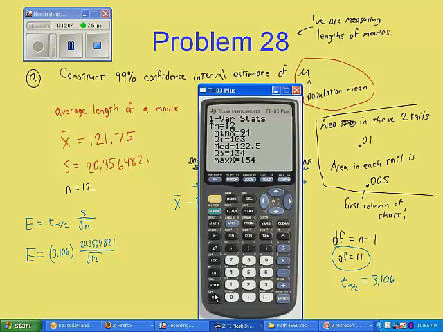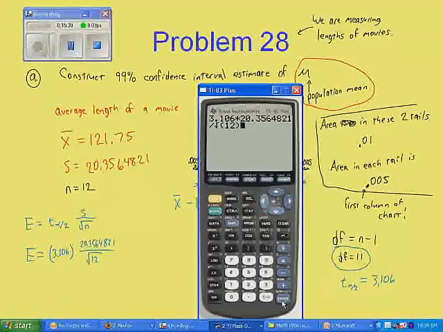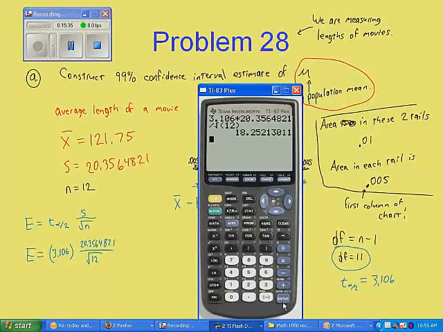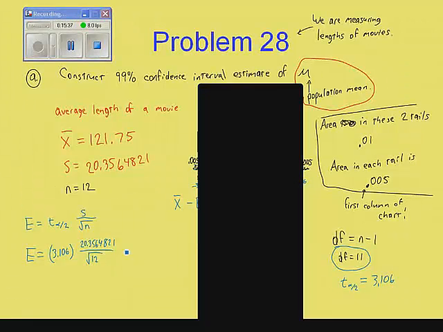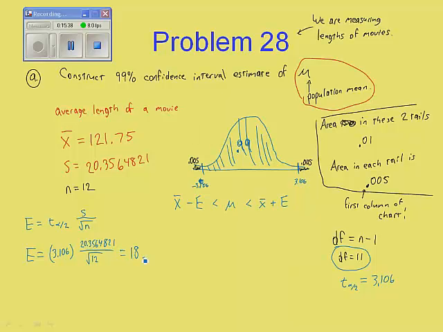Punch that in. 3.106 times 20.3564821 divided by square root of 12. That should do it. So my error was 18.25, basically.